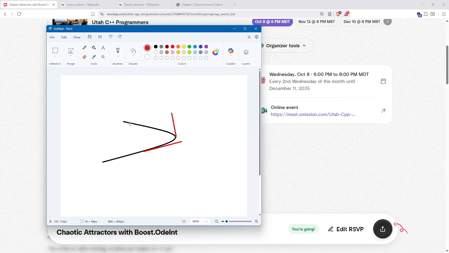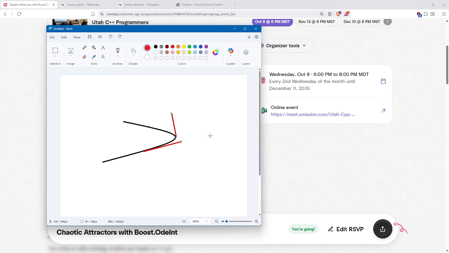So what you're seeing with this black line is the evolution of the state of the system over time as a plot. In this case, the system is a two-dimensional system, so it has two variables that depend on time only. The variables don't depend on a third or a second independent variable. They only depend on a single independent variable, that is time.